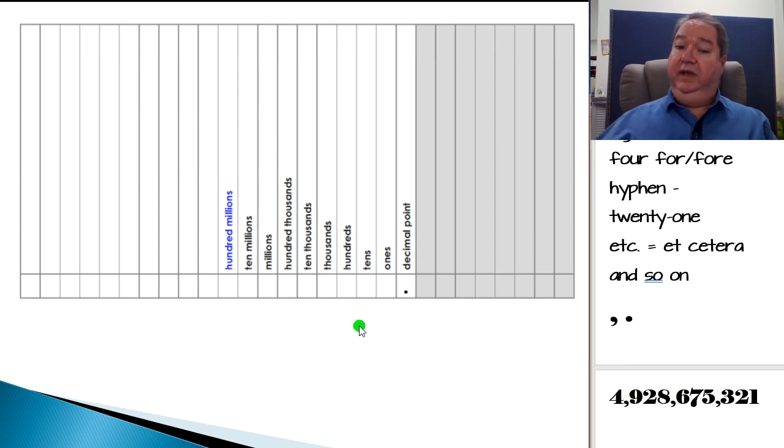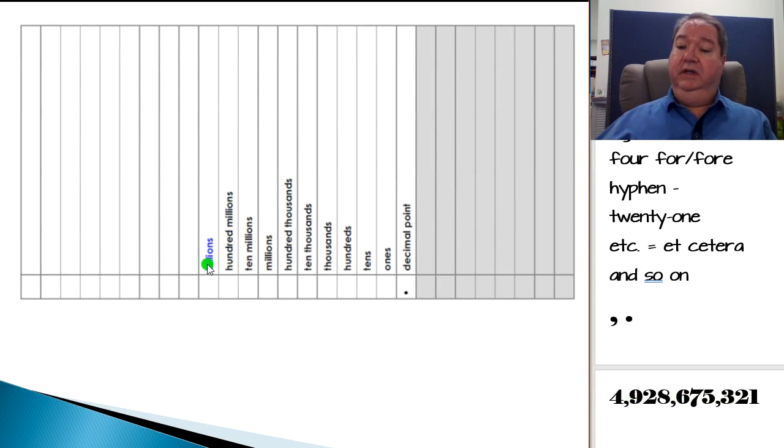Billions, with a B. Billions. 4, that tells you how many billions there are. How many billions are there? 4. Do we say 4 billions with an S? No. 4,928,675,321.